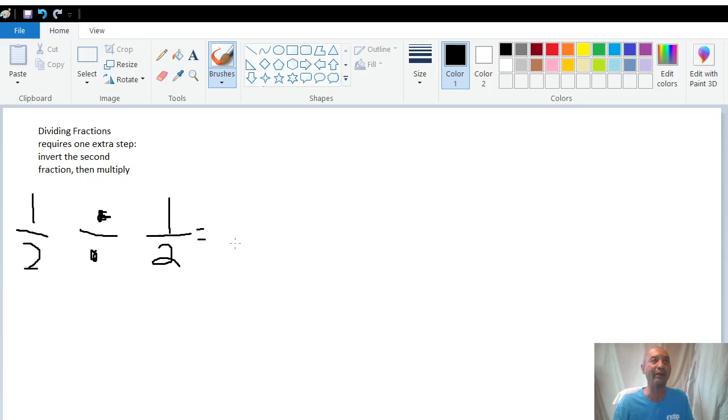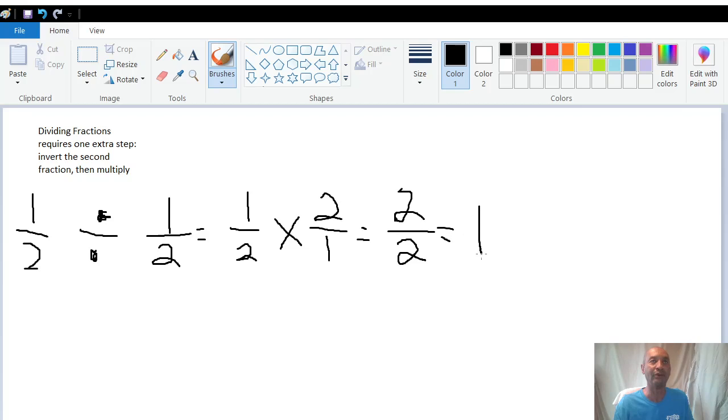That's going to be the same as taking 1/2 and multiplying it by the inverse of the second fraction, which in this case, we're going to take the denominator and put it up top, take the numerator and put it on the bottom. And then now we multiply. And so then we have 2 over 2, and that can be reduced to 1.